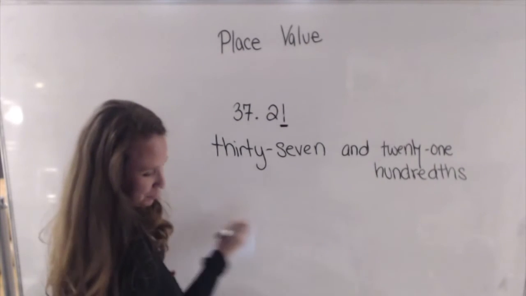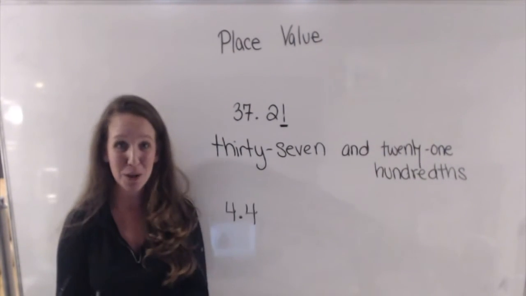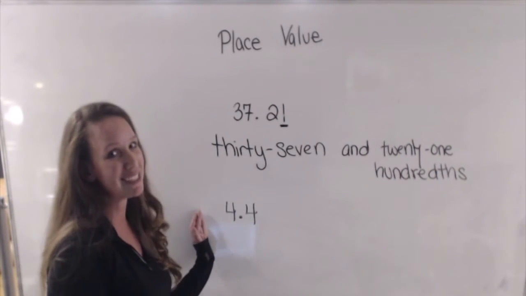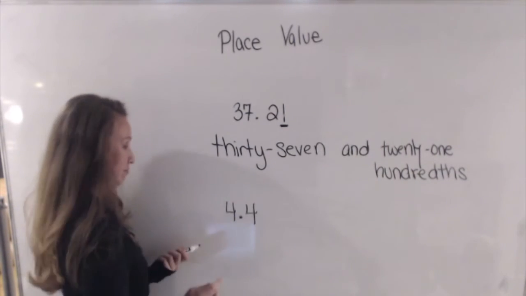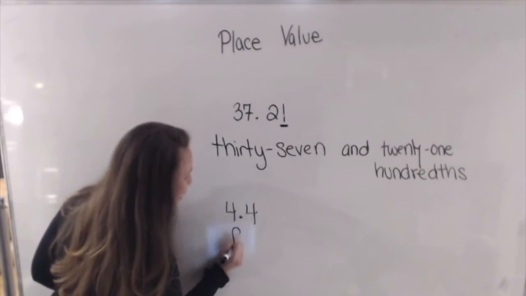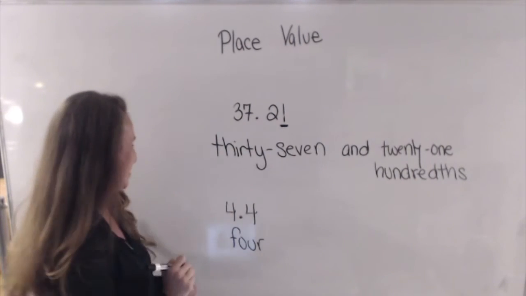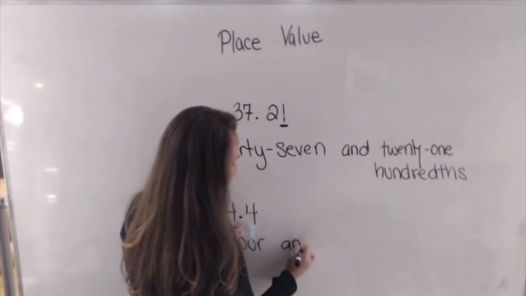One more. Well, remember, we kind of separate before the decimal place and after. So how do we read this number before? That's right, 4. Spelled F-O-U-R. And remember, the decimal point is the word "and."